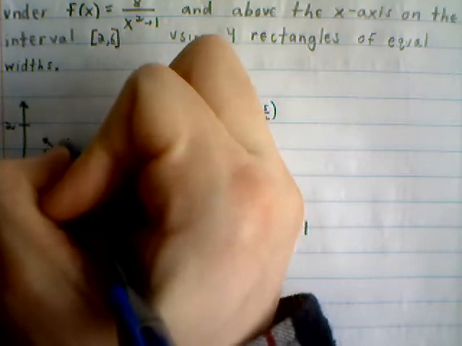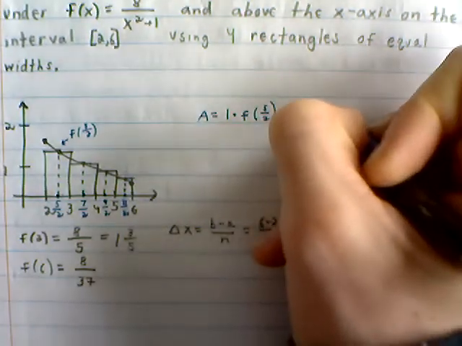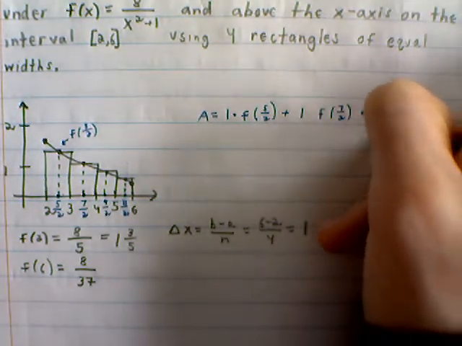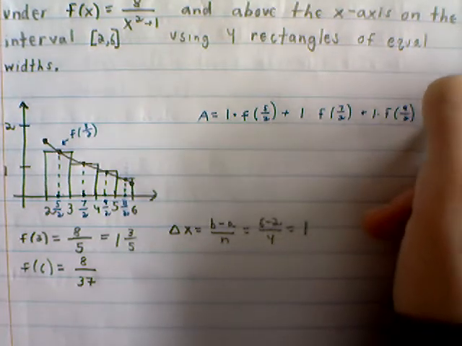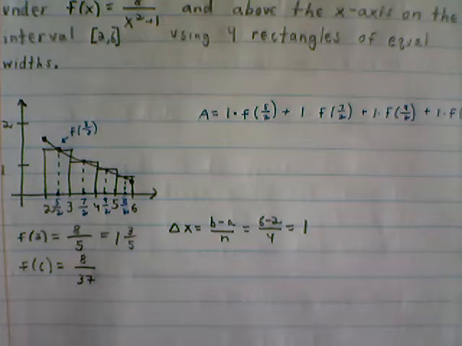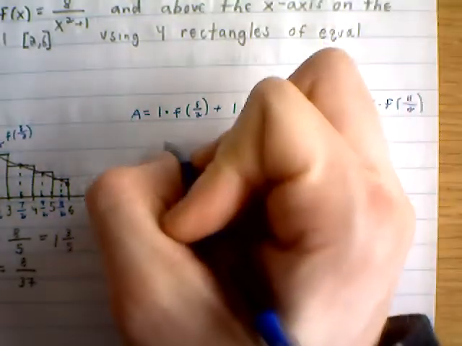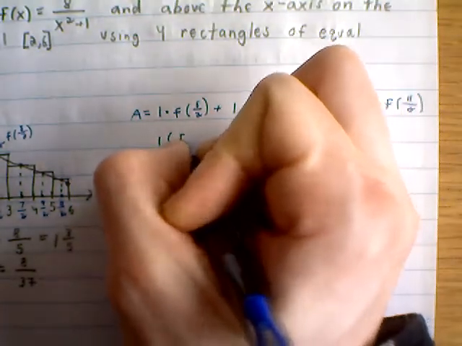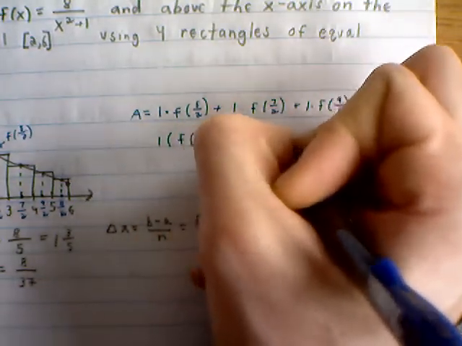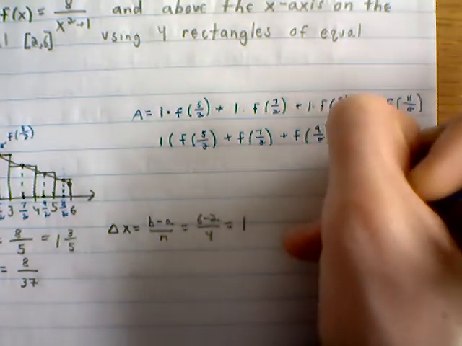The height here, the y value, is f of 5/2, plus 1 times f of 7/2, plus 1 times f of 9/2, plus 1 times f of 11/2. All right, and now from here we can factor out 1, because that's our width. So 1 times f of 5/2 plus f of 7/2 plus f of 9/2 plus f of 11/2.